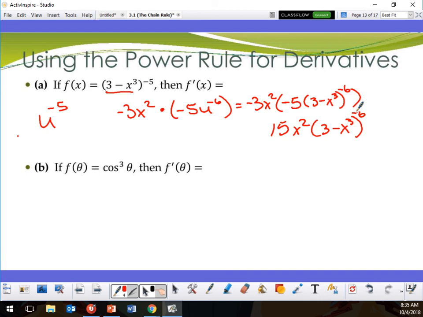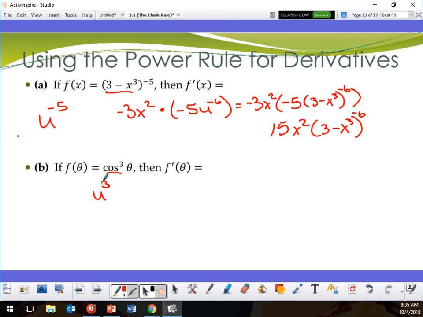All right, so let's take a look at the bottom. Okay, so now, what would I consider a u on this one? What would be the u here? Cosine, right? So I'm going to say that cosine, so it's going to be u to the third, right?